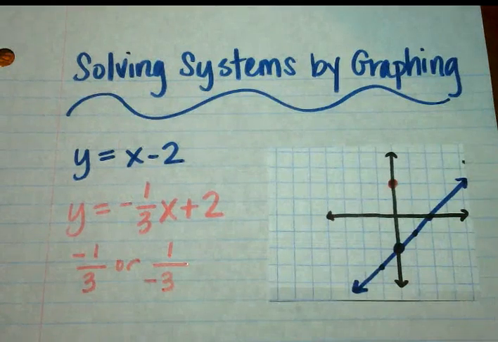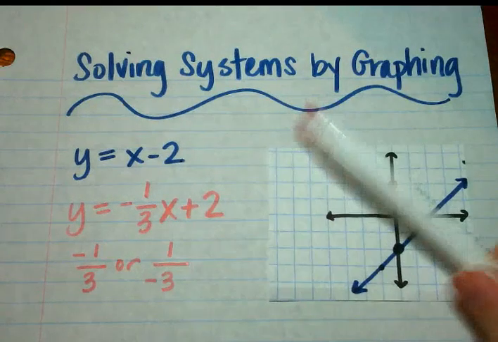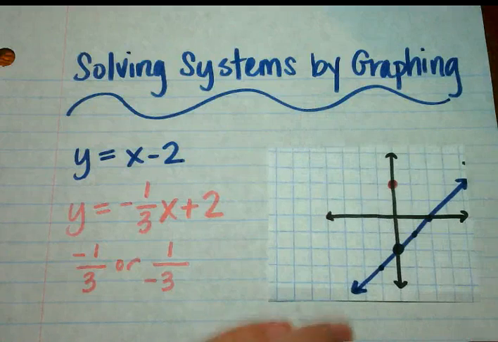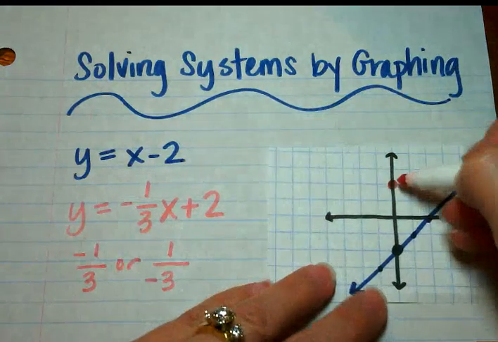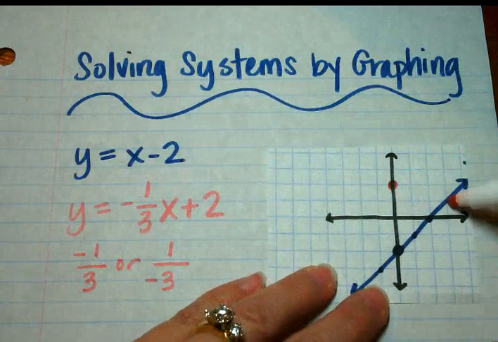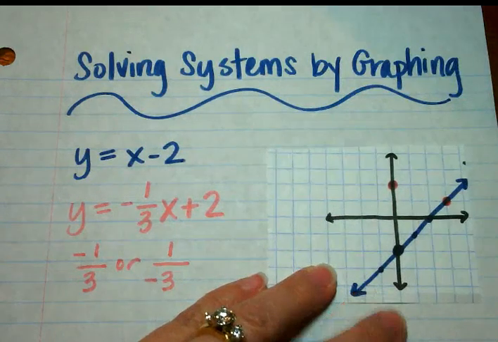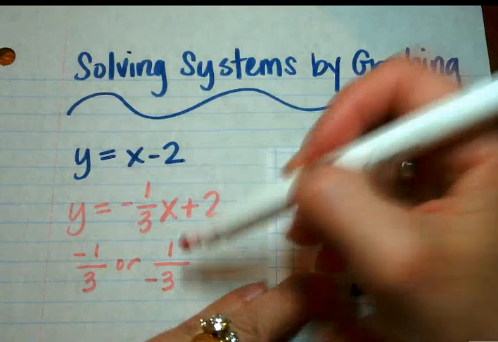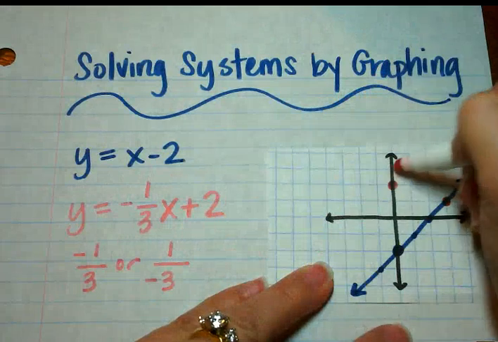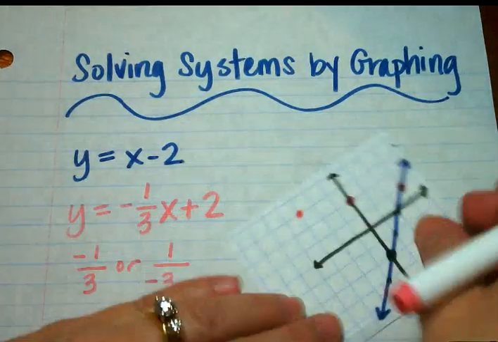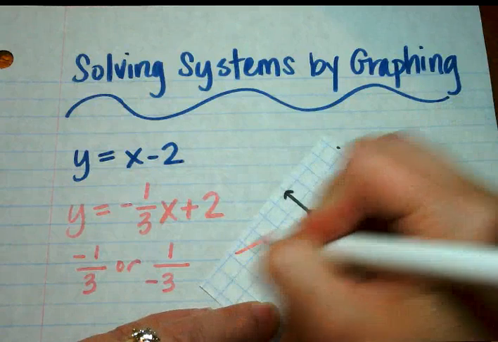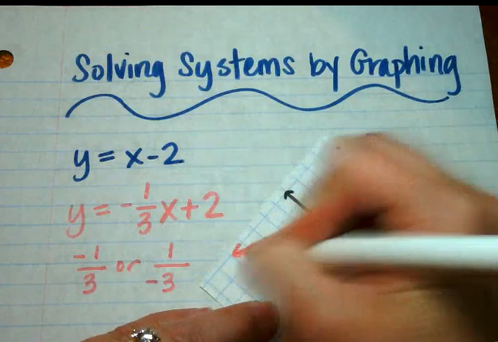But in the end, our slope needs to be negative, so this line needs to be running this direction. So I'm going to actually do both. I'm going to go down 1 and right 3 first. So down 1, right 3. I hit right on the line. Or you could go up 1, left 3. Up 1, left 3. And then let me draw this line right there.